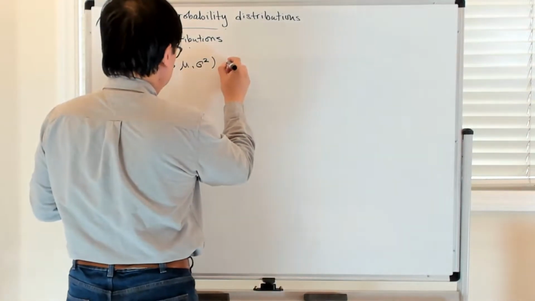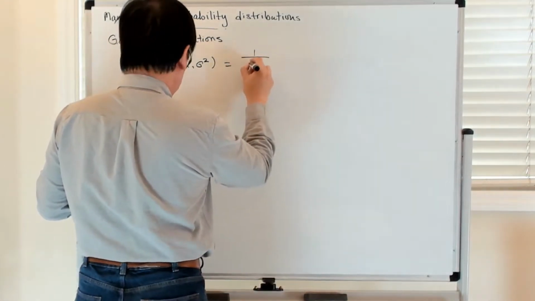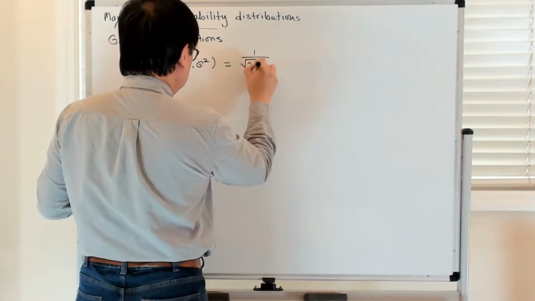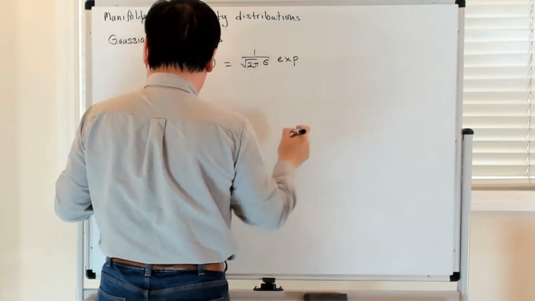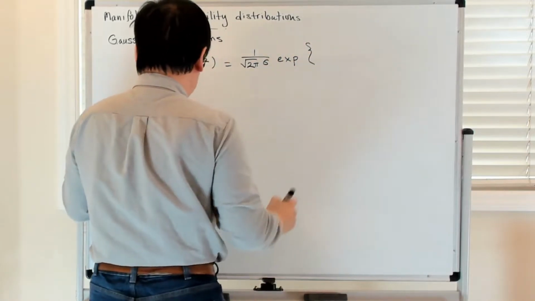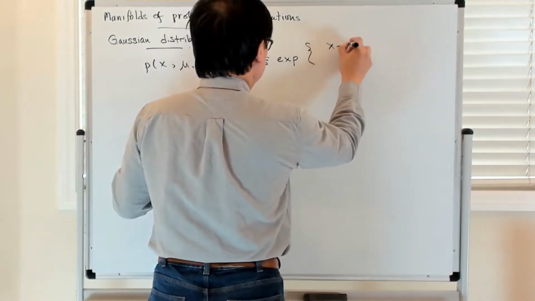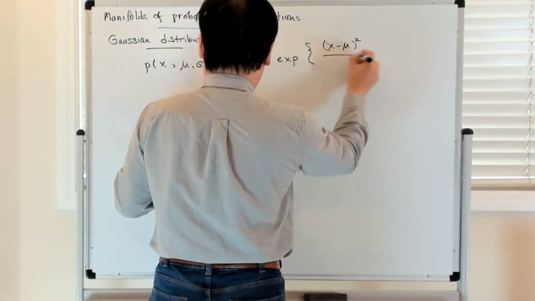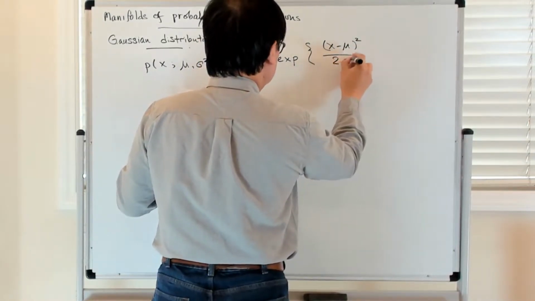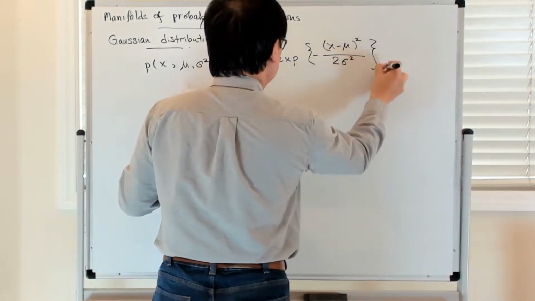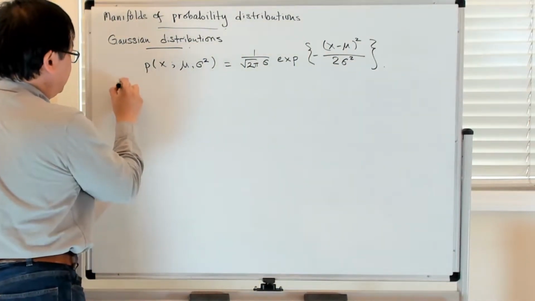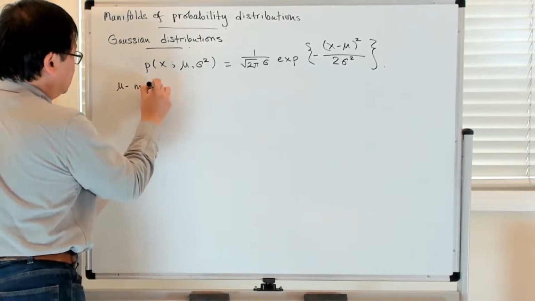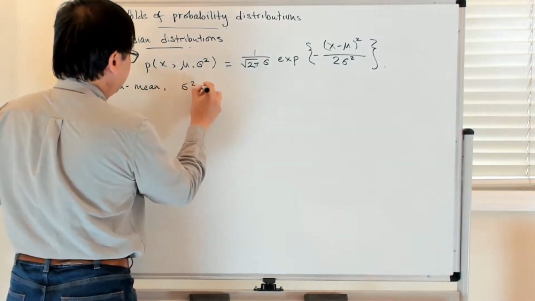So this is given by 1 over square root of 2 pi sigma, the exponential of negative x minus mu squared divided by 2 sigma squared, right? So mu is the mean, and sigma squared is the variance.